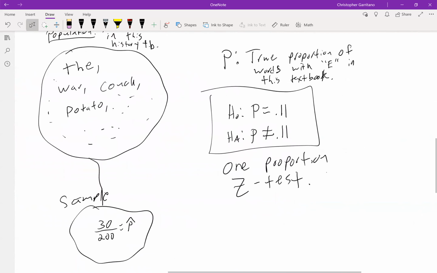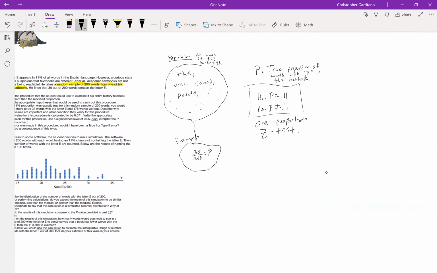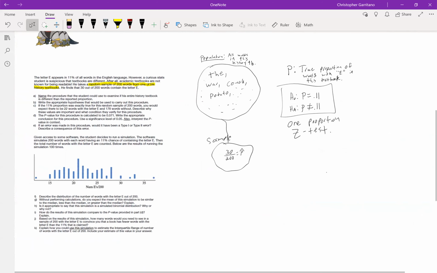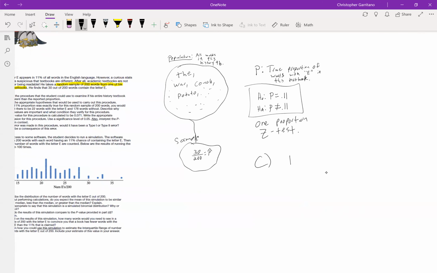So basically, if we really want to analyze and study these hypotheses, here's part C. We want to make sure that p-hat is distributed normally with a center of 0.11 and a standard error of the square root of 0.11 times 0.89 over n, which is 200.